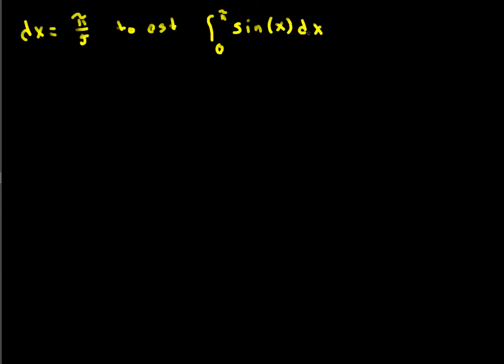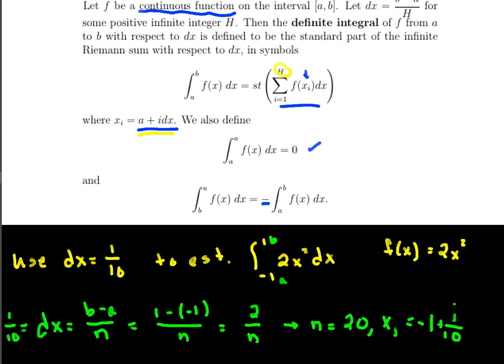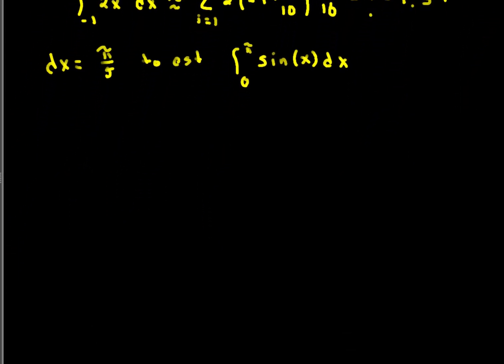Okay, so again, we need to calculate this. Scrolling back up, we've got what dx is. We need to know what is our upper bound for our sum, how many sums are we adding, and we need to know what's the input for each of those summands.